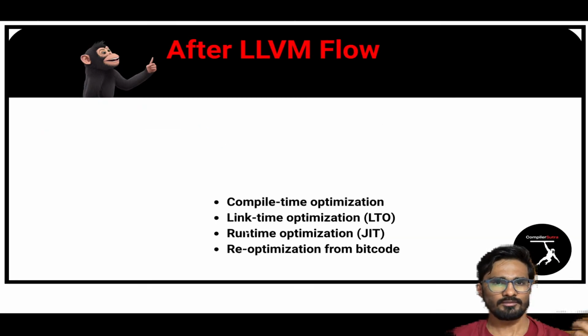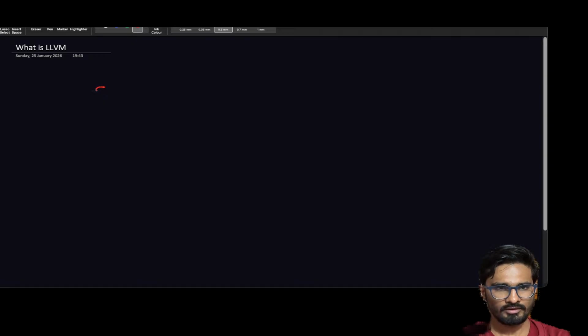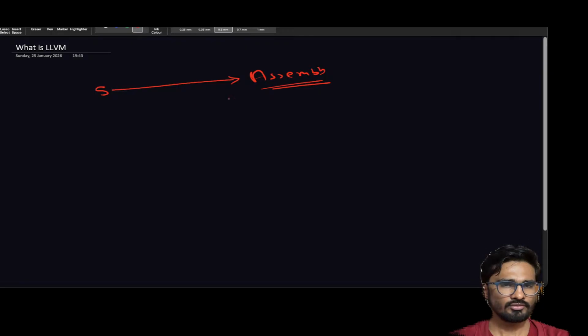So after LLVM, what things changed? Let's see. Before going to LLVM, what did people in industry think? Let us suppose we want to convert this particular source code into assembly, and that's the role of the compiler.